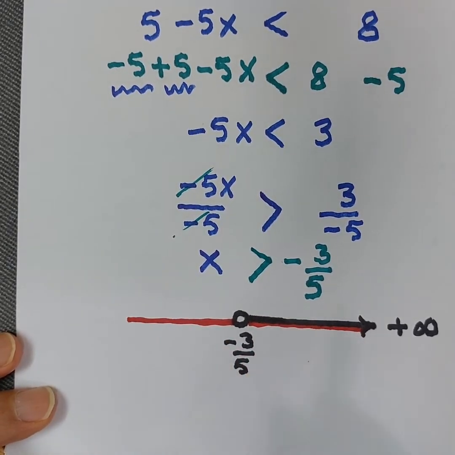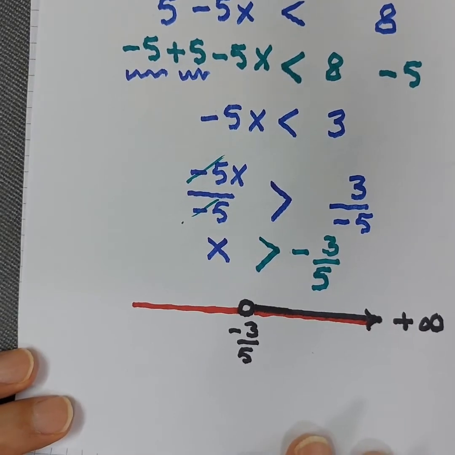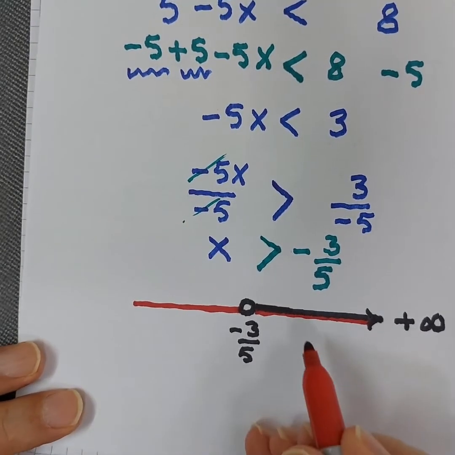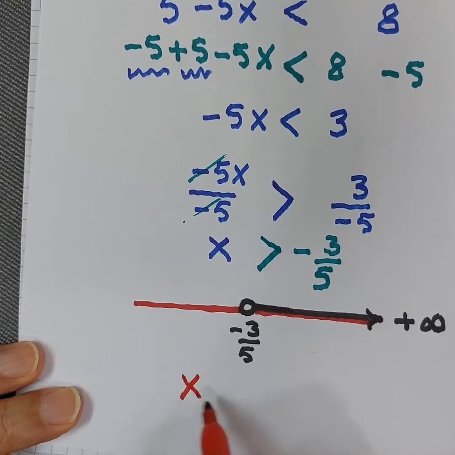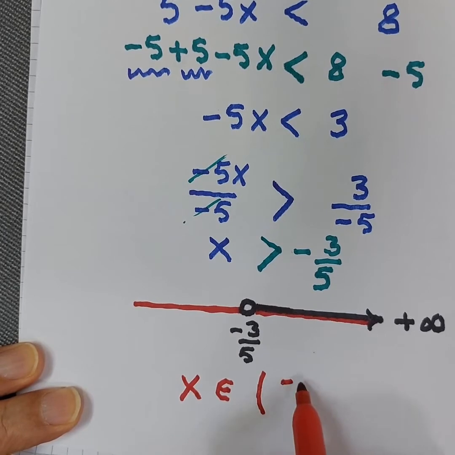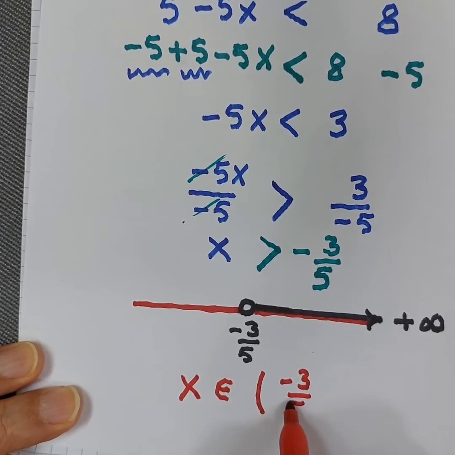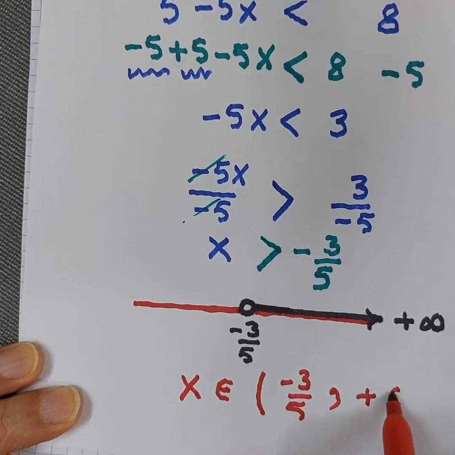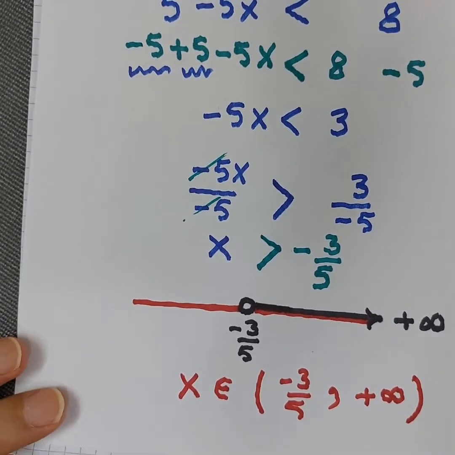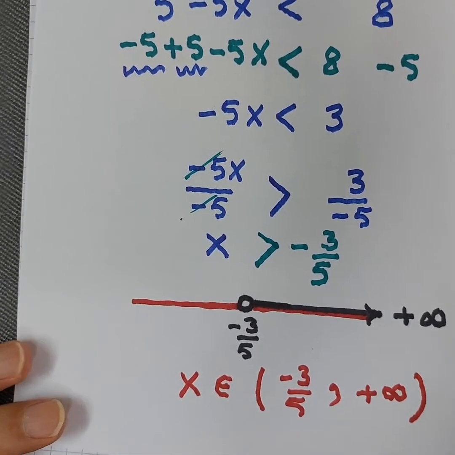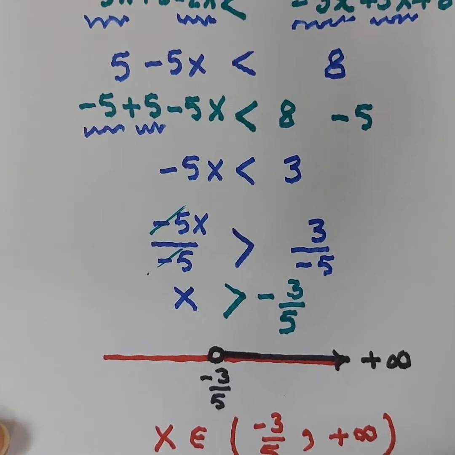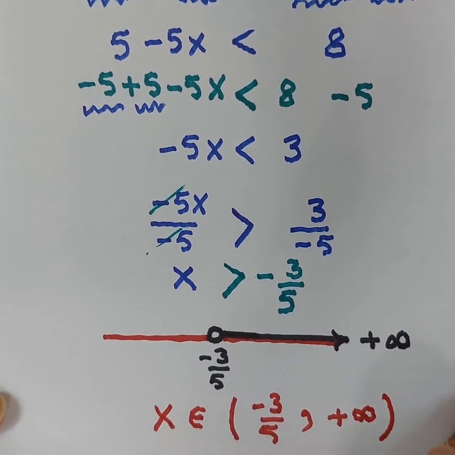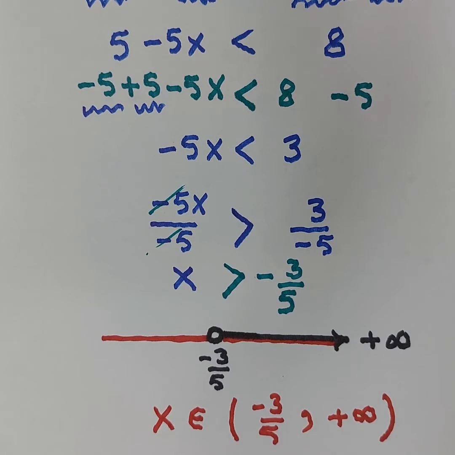So this is the expression on the real number line, and the answer in terms of interval will be x belongs to the interval open at negative 3 over 5 and open also at positive infinity. This is the way of finding the solution for this inequality. This is a simple one, so let us go for another inequality.